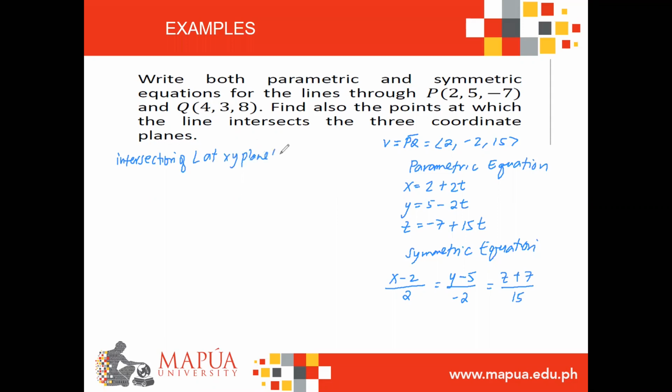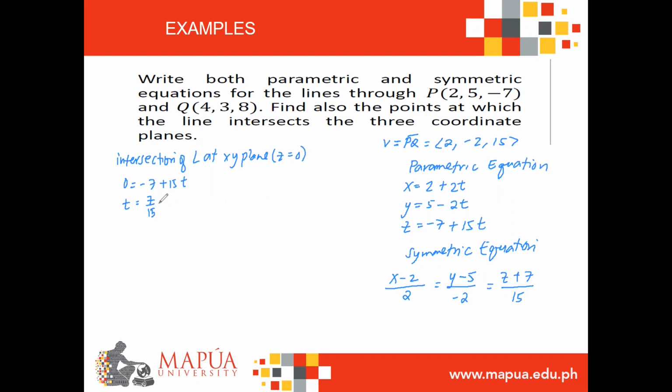So we're going to set z equals 0. Using this parametric equation of your line L and setting z equals 0 in the third equation, we can solve for t. So that means we have 0 equals negative 7 plus 15t, and t will have a value of 7 over 15.